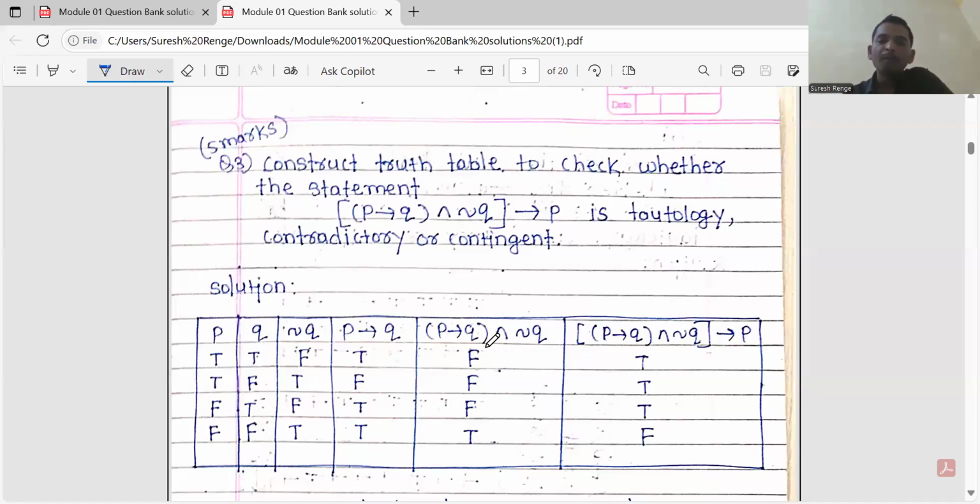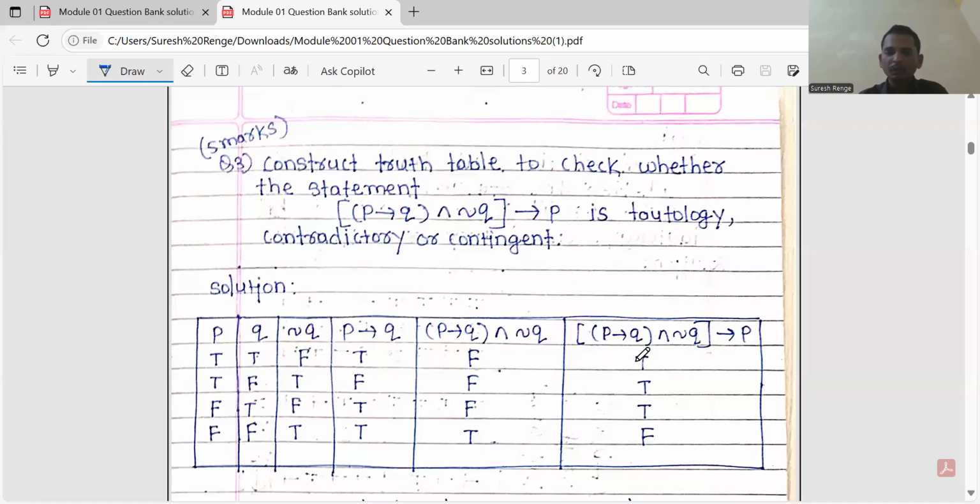Now we want to find the value of ((P implies Q) and negation Q) implies P. In an implication statement, the only condition that gives a false result is when the first value is true and the second value is false; otherwise the result is true. In the first row, false implies true is true. In the second row, false implies true is true.